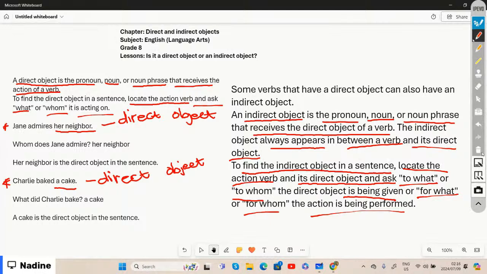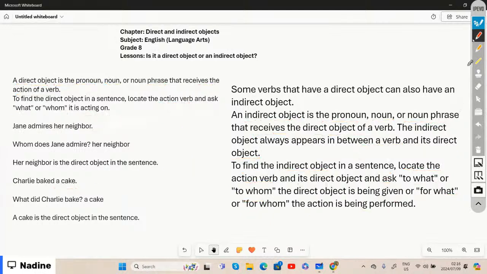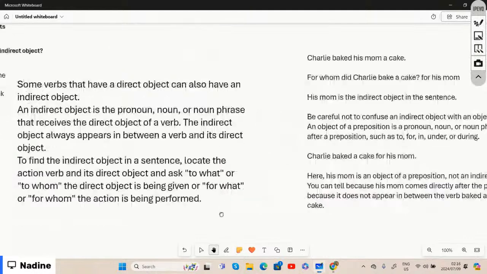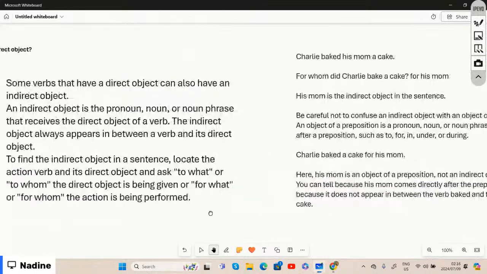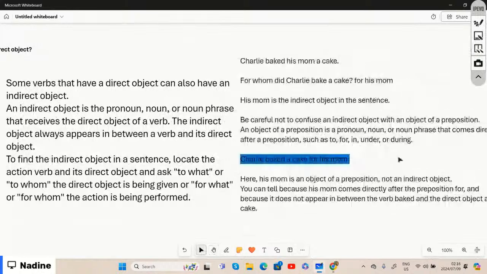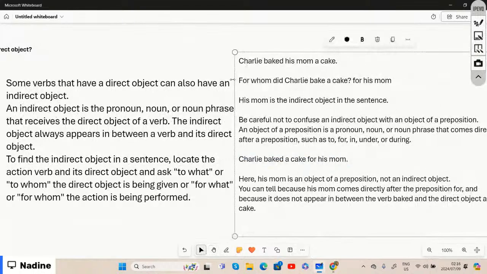All right, so now we're going to look at examples of indirect objects. And remember, we said that an indirect object will appear between a direct object as well as an action verb.